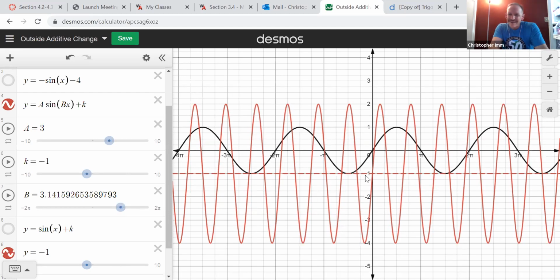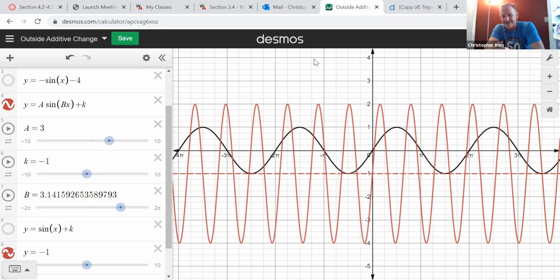Hold on a minute. How many cycles is it going to have? Well, let's see. 1, 2, 3. So it's going to have at least 3 cycles in there before we hit 2 pi. So it has compressed it quite a bit. All right, so that is sort of putting that together.